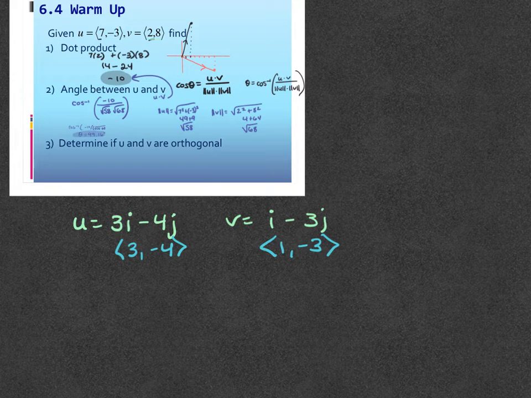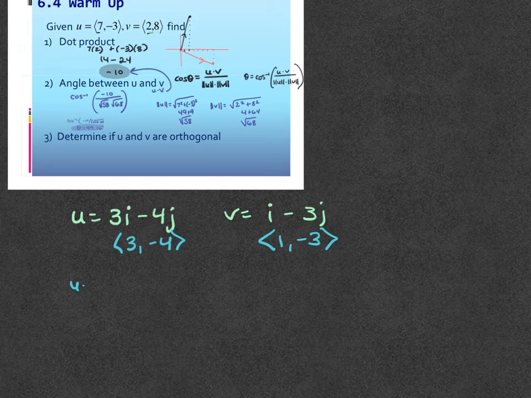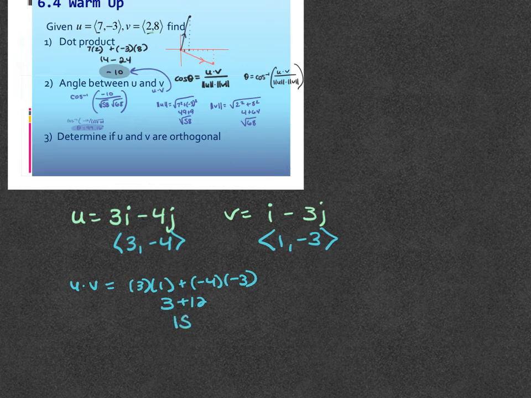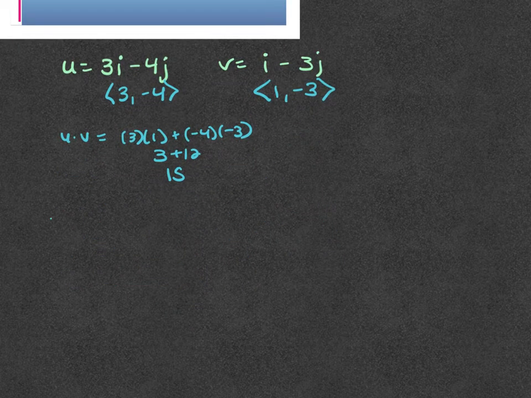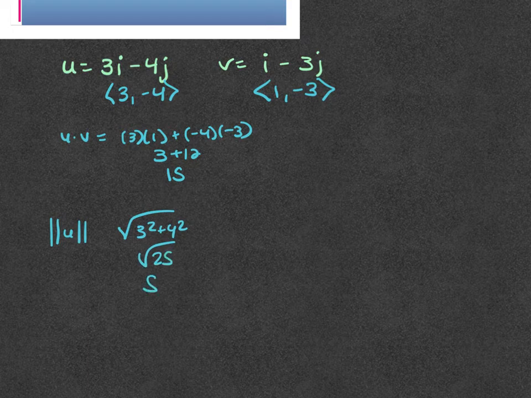Okay, so U dot V would be 3 times 1 plus negative 4 times negative 3, 3 plus 12, 15. The magnitude of U is the square root of 3 squared plus 4 squared, that's 25, so it'd be 5.